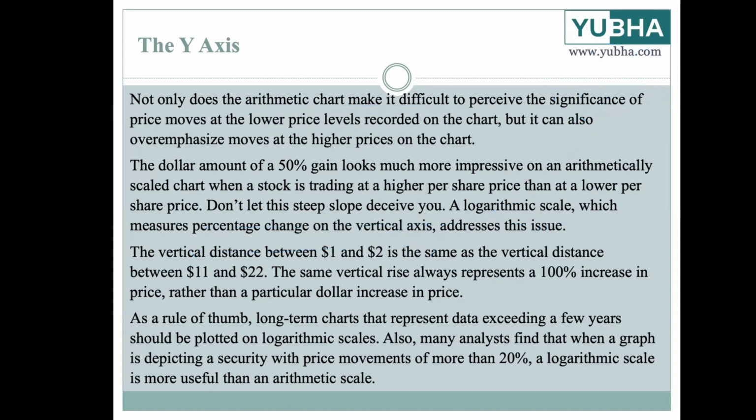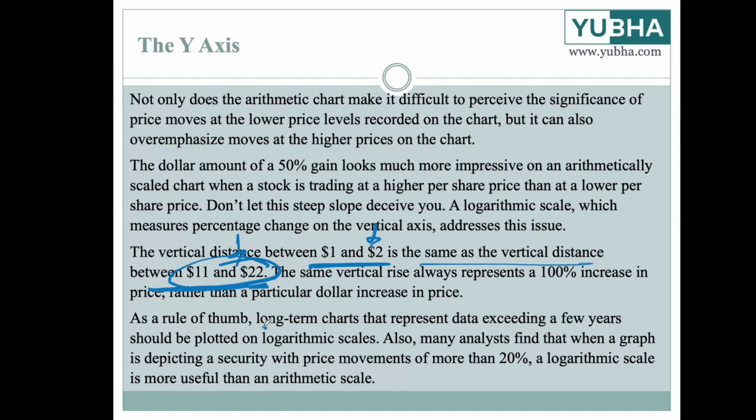So the vertical distance between $1 and 2 is 50%. On a log chart, it would be the same when you're looking at 11 and 22, because both of them are 100% movements. So typically when there is a very large gain or a long time has passed, you're better off using a log scale versus an arithmetic scale.